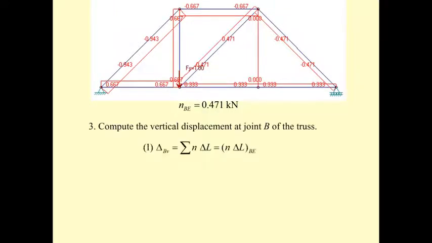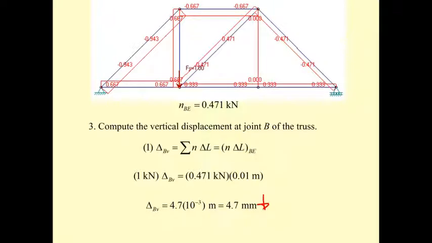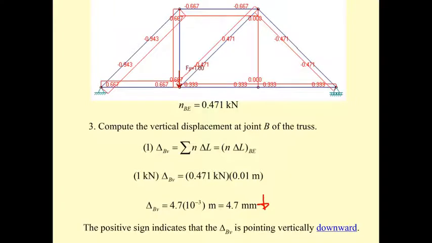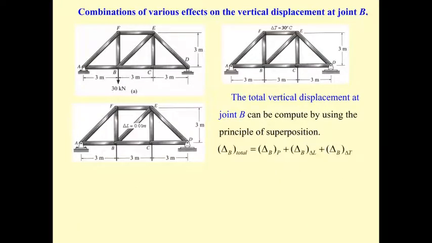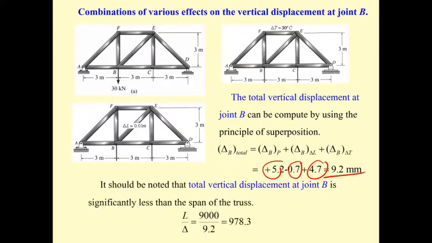And then you put it into your equation. You get 4.7. That means it's going to be downward, this one 4.7. So the fabrication error in this case increases the deflection from the dead load and live load. Okay, and finally, if you put them together, you may get the total effect of the applied force, the effect of temperature change, the effect of fabrication error, and the resultant vertical displacement delta B is going to be 9.2.